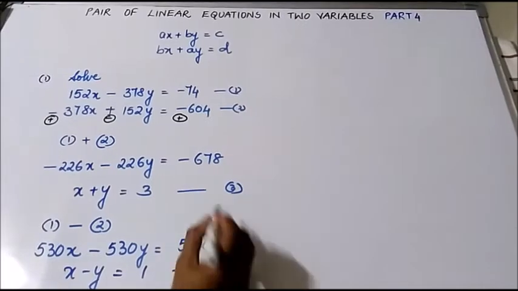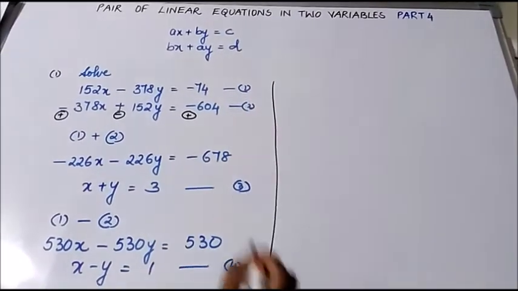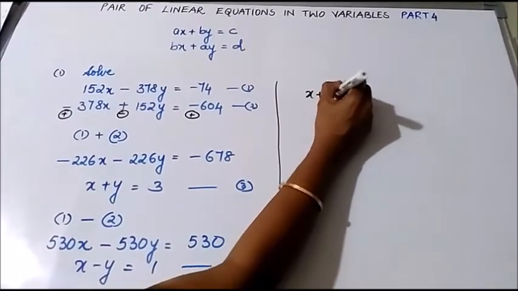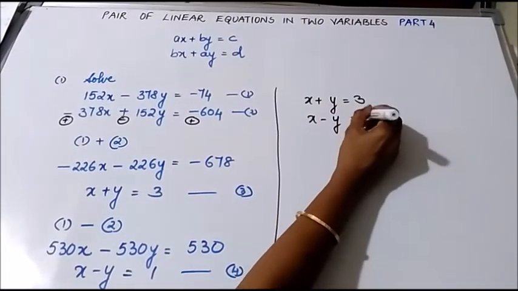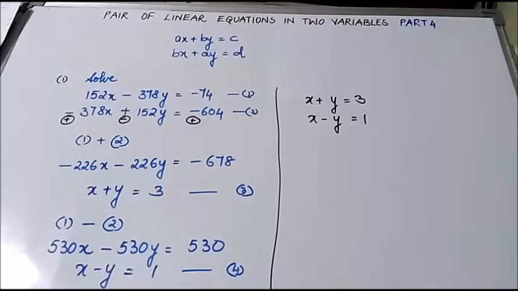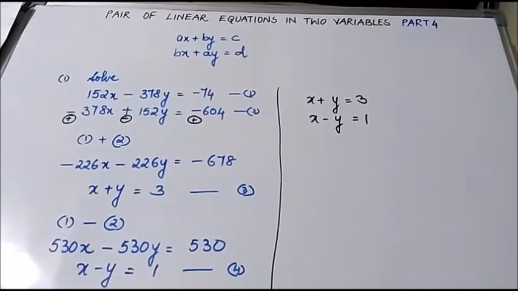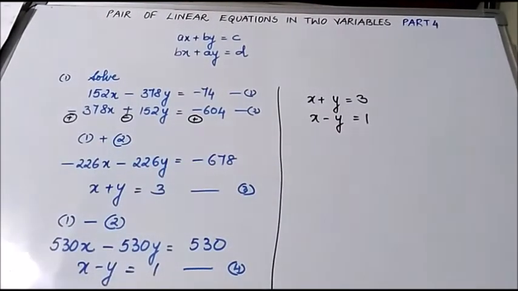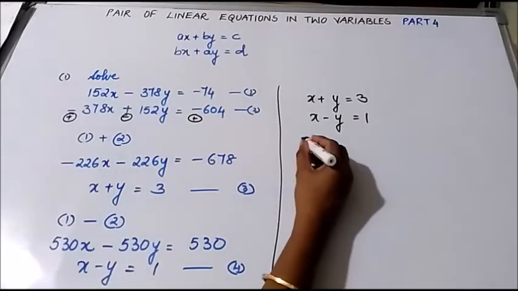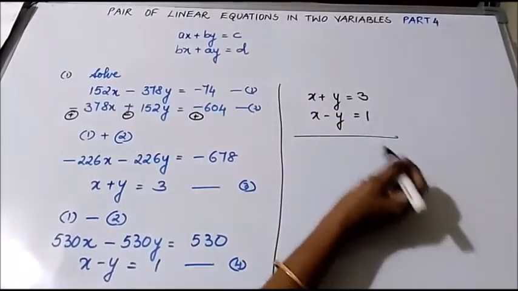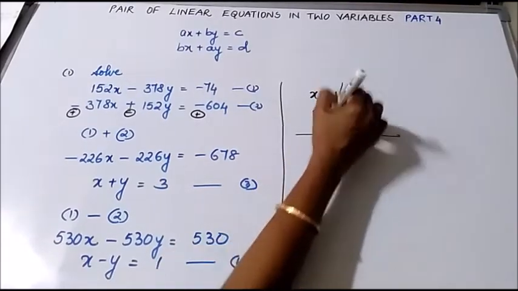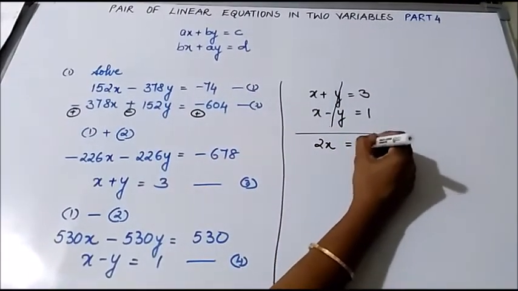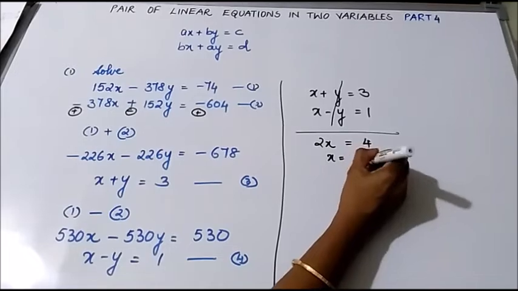Now we will take the third and the fourth equation into consideration. That is x plus y is equal to 3 and x minus y equal to 1. Now this we can solve by substitution method, elimination method or cross multiplication method. But we can see here elimination method is easy, so we will do that. We will add: x plus x is 2x, y minus y, y is eliminated, 3 plus 1, 4, x equal to 2.